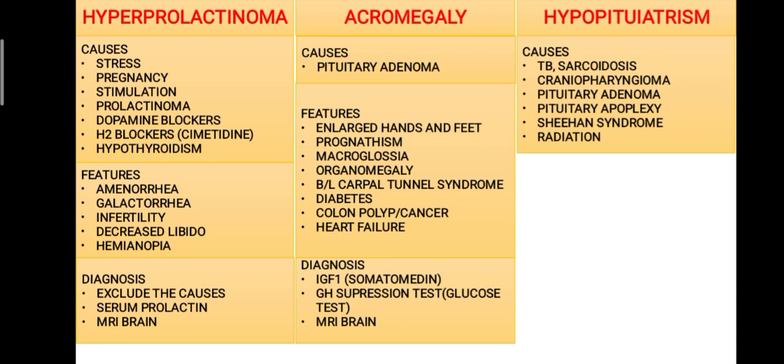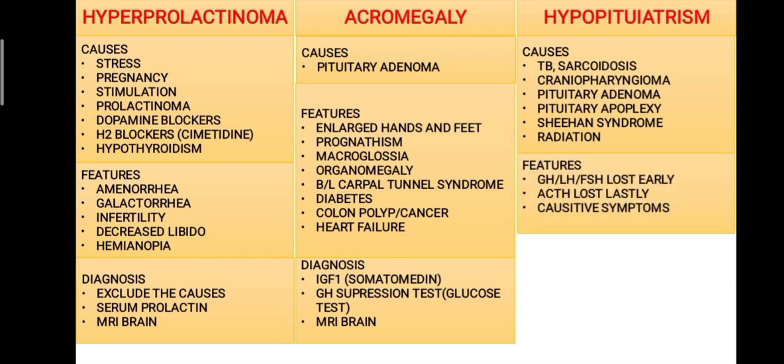Pituitary apoplexy is when a pituitary adenoma is not treated properly. There can be bleeding or blood clot forming, destroying the pituitary, causing hemorrhage. Or Sheehan syndrome, usually seen postpartum, that is ischemic necrosis of the pituitary. Or radiation causing damage to the pituitary. The patient might have had some neck surgery or head surgery for which he or she might have needed radiation, and that could destroy the pituitary.